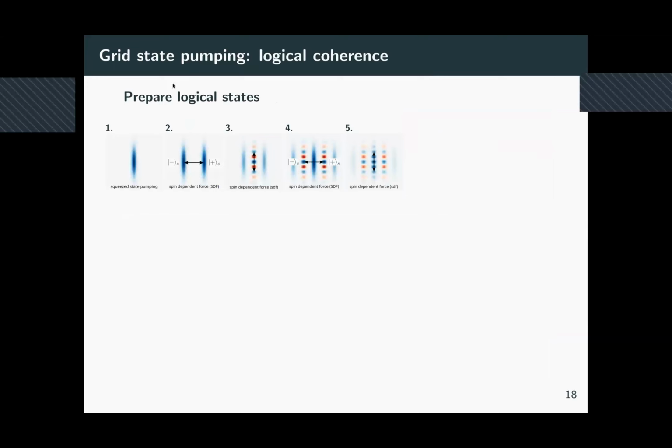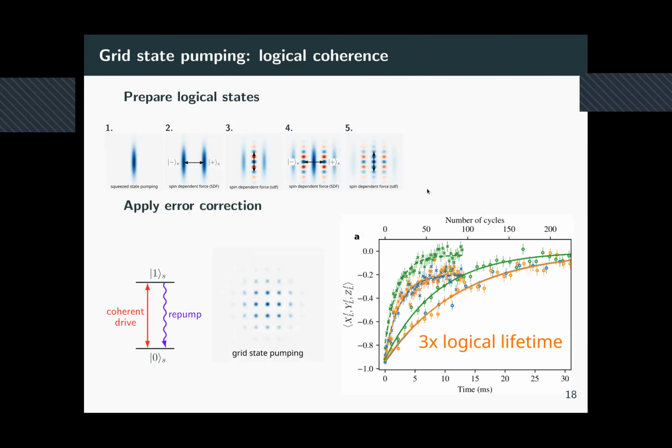We used the method that I explained in the beginning to prepare some different logical states, and then we applied this grid state pumping. What we found is roughly a 3 times increase in logical lifetime. This is not break-even, but since yesterday that is a bit of a tricky term. Ivan and I were calling this version break-easy, but essentially what we see is a factor 3 improvement.